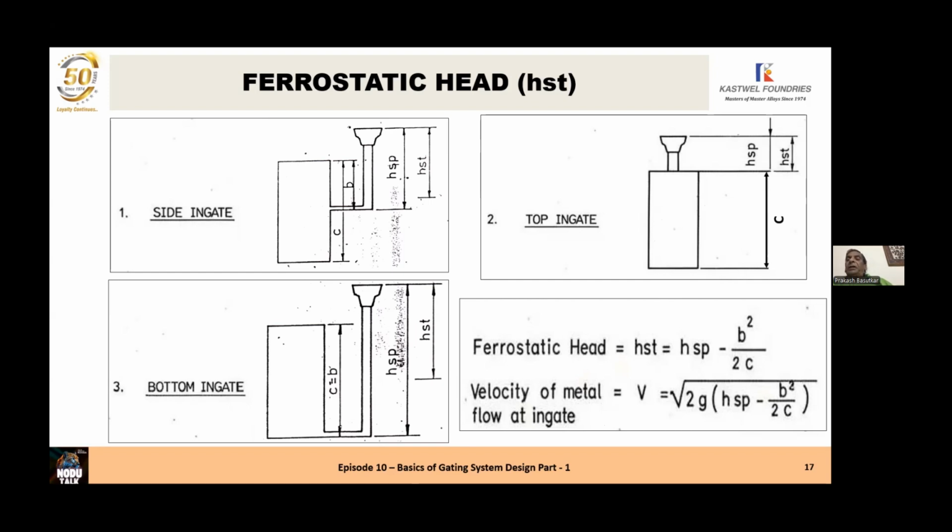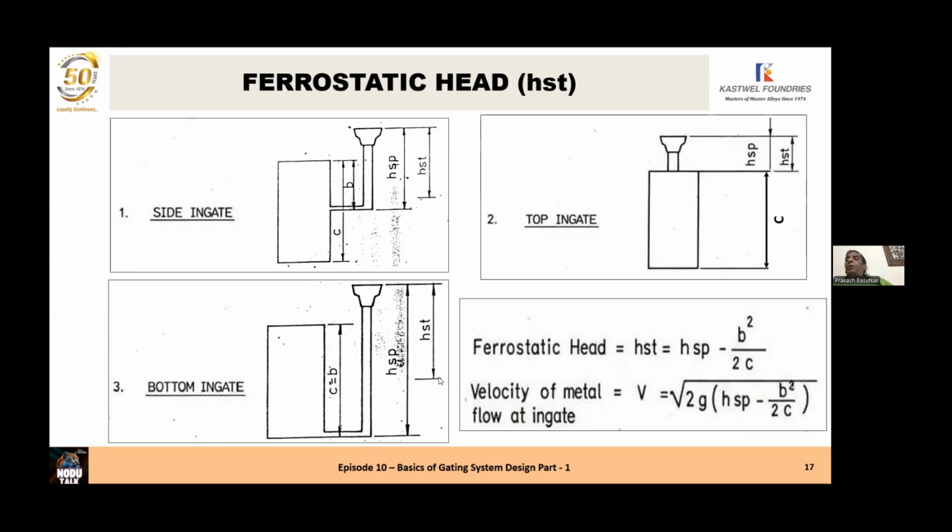In the bottom gating, again, the ferrostatic head is from the top of the pouring basin to the parting line, where you have the casting between the cope and the drag, and the height of the sprue is from the top of the pouring basin to the bottom of the runner bar, which is in the drag.